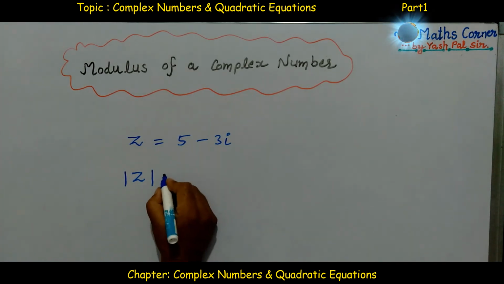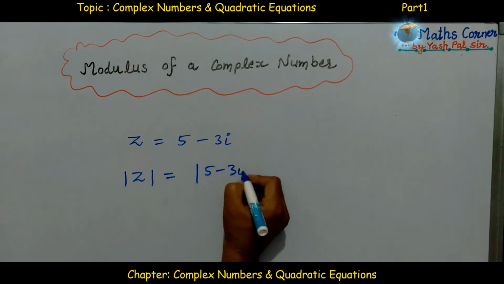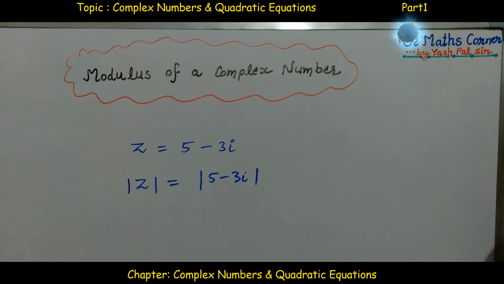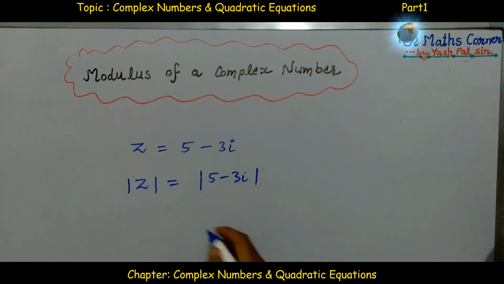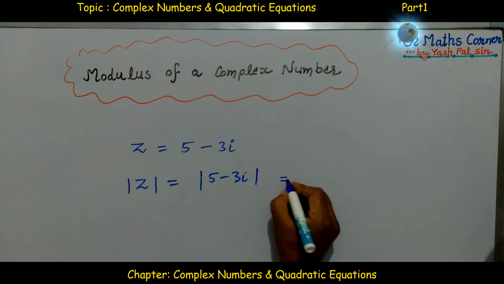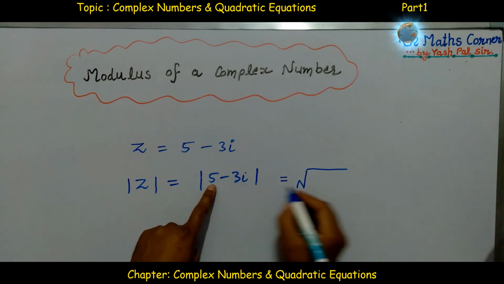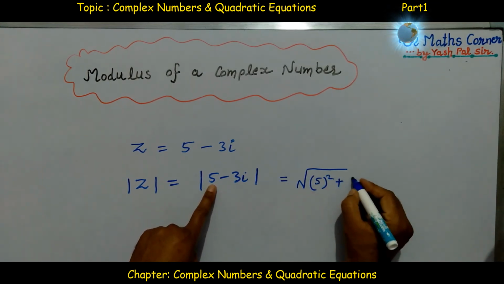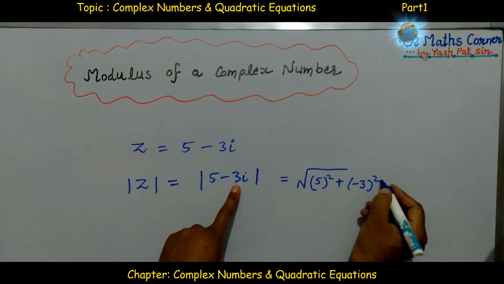So modulus of z, that is modulus of 5 minus 3 iota, is equal to square root of the real part, this is 5, its whole square, plus the imaginary part, which is minus 3, its whole square.